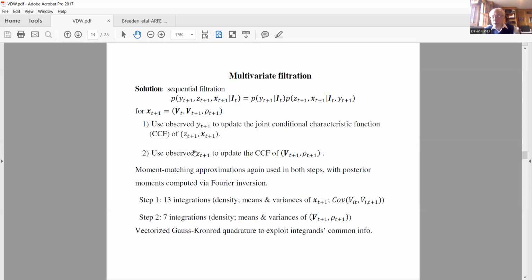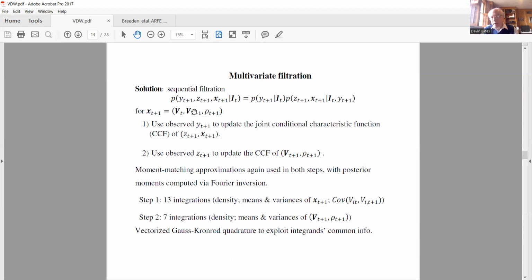This is basically what I'm doing here, a sequential projection, first projecting using y data and then projecting using z data. So we use the observed y to update the joint conditional characteristic function of z and x. And then we use observed z to update the conditional characteristic function of just those components. Here are the latent variables we're interested in.